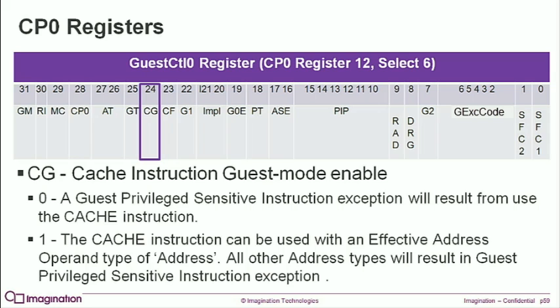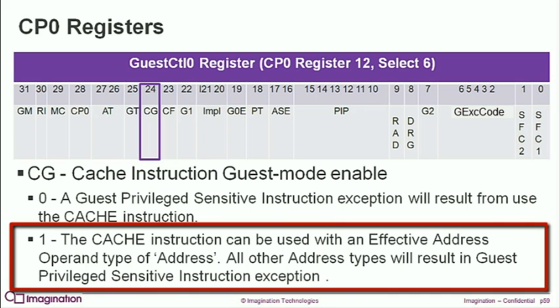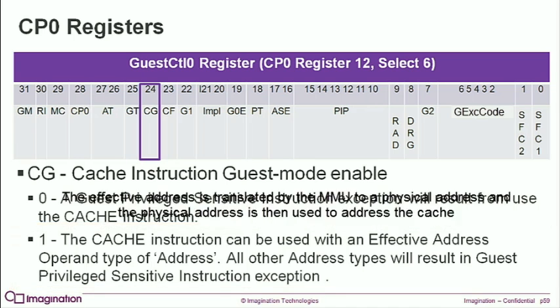If the CG bit is 0, a guest privilege sensitive instruction exception will result any time a guest issues a cache instruction. If CG is 1, cache instructions that use an effective address will be allowed without causing an exception.